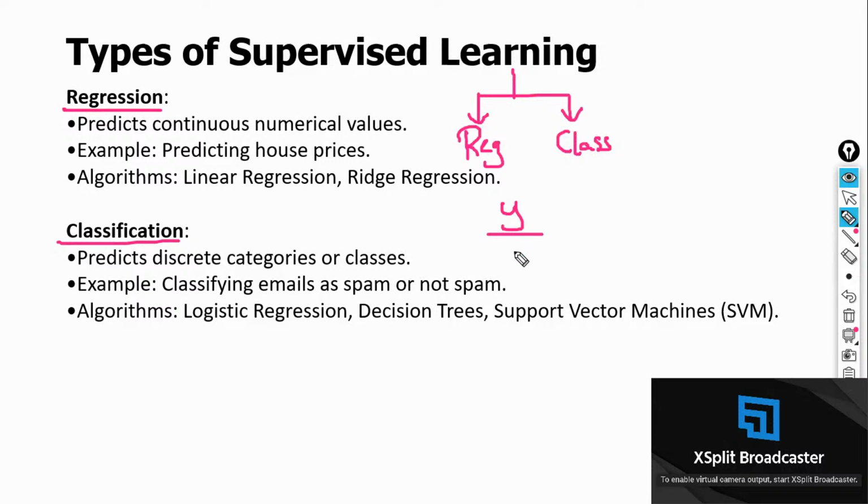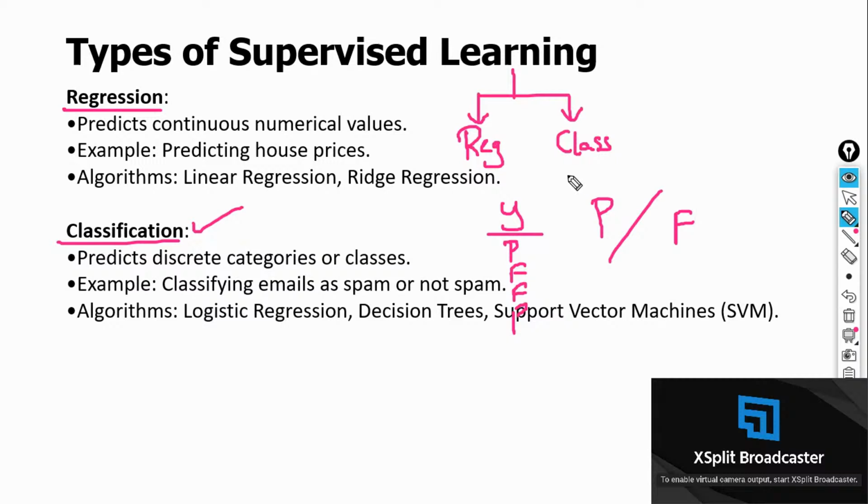For example, in my y column, I have classes like this: pass, fail, fail, pass. So these are fixed. I can't get a third option, right? So if you have discrete categories in your y column, then classification algorithms will be used. So you can classify pass and fail. This is one class and this is the other class.